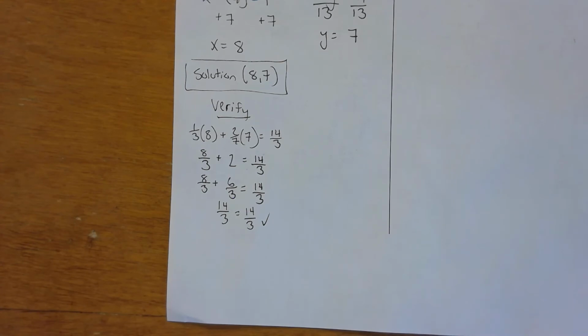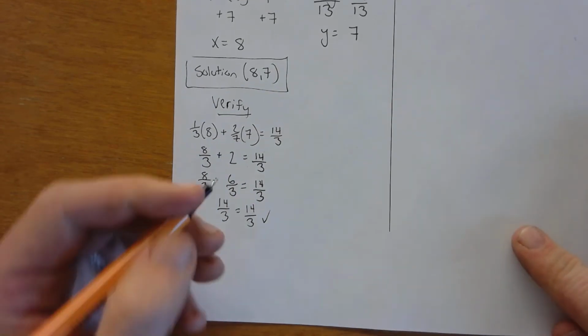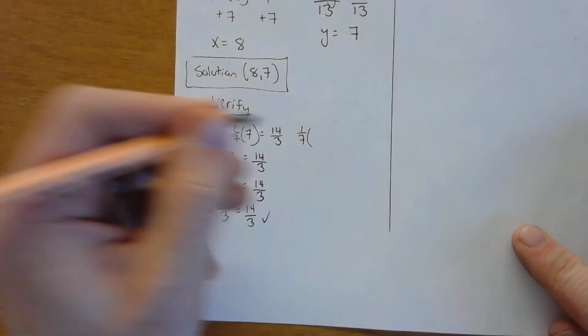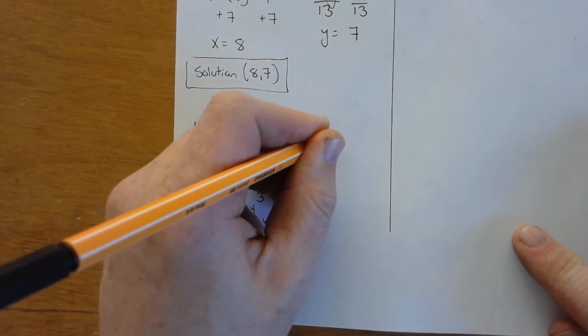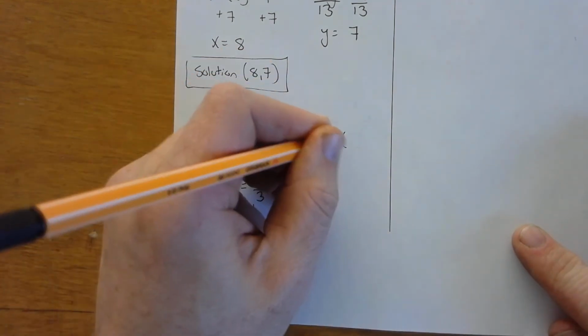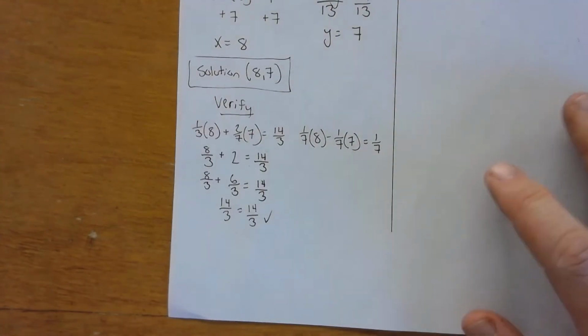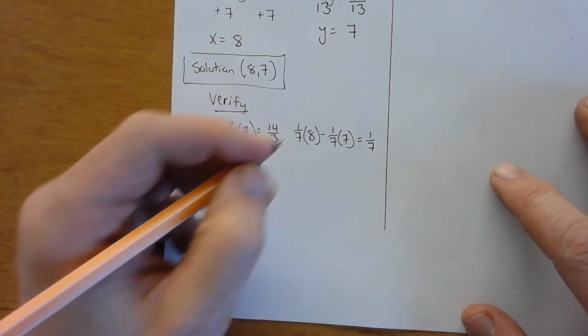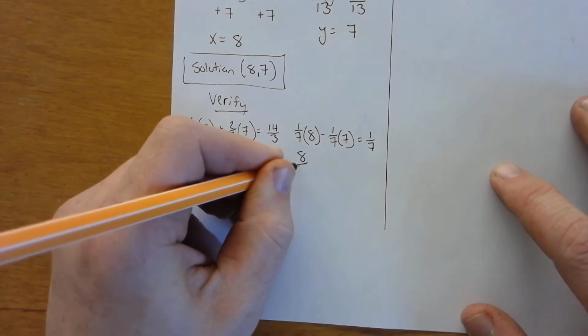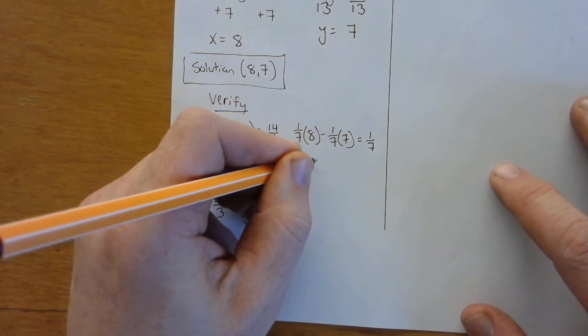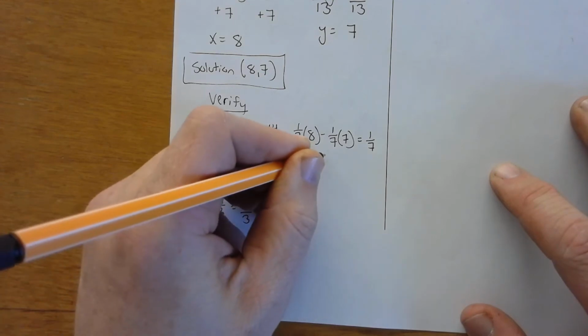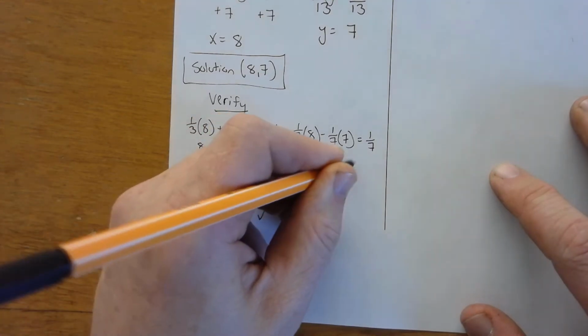Again, I want to use the original equations that are given, just so that if I made an error in the first step, I can catch it. My second equation now is 1/7 x, and x is 8, subtract 1/7 y when y is 7, equals 1/7. 1/7 times 8 is 8/7, and 1/7 times 7 is 7/7.